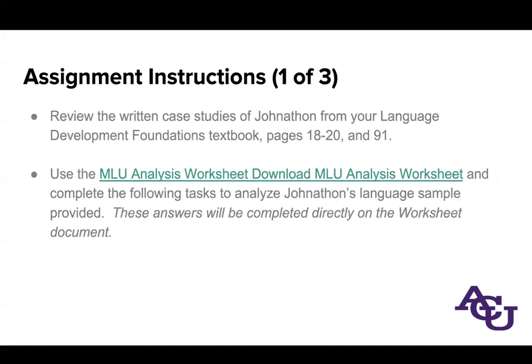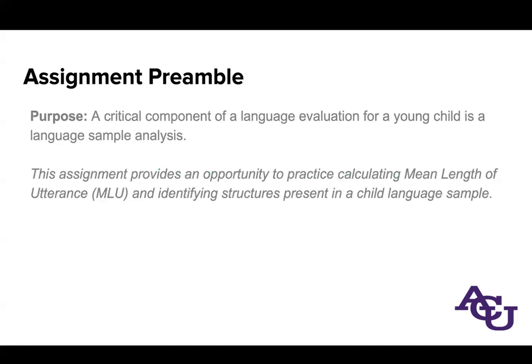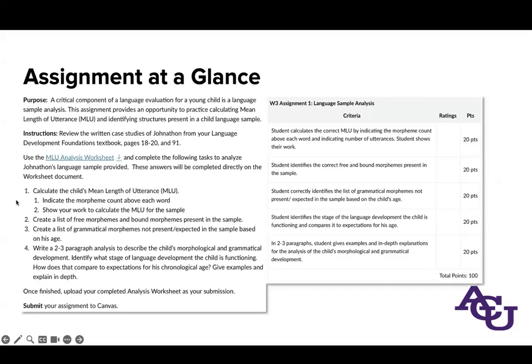Then we move into the actual instructions on what you're doing. And if we're looking at this screen here, it is where we get to this part here where we start seeing clear instructions. Read this, use this worksheet to do the things in it, and then write this analytical paragraph.